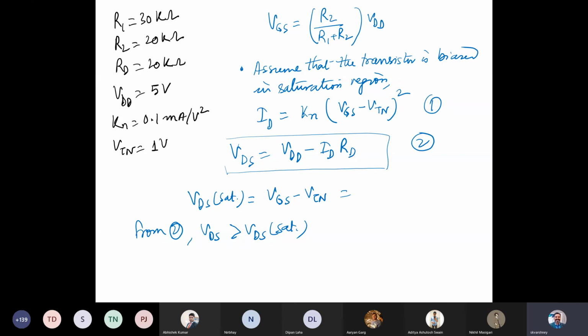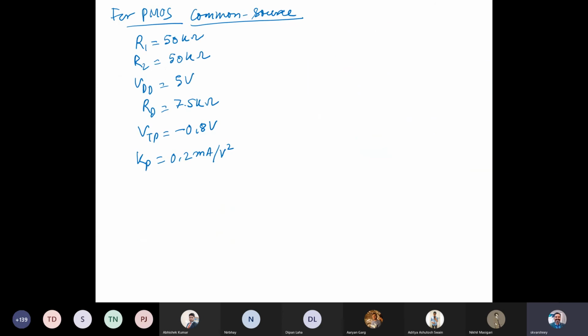The first block that comes out to be is a differential amplifier, and all are made of MOSFETs.